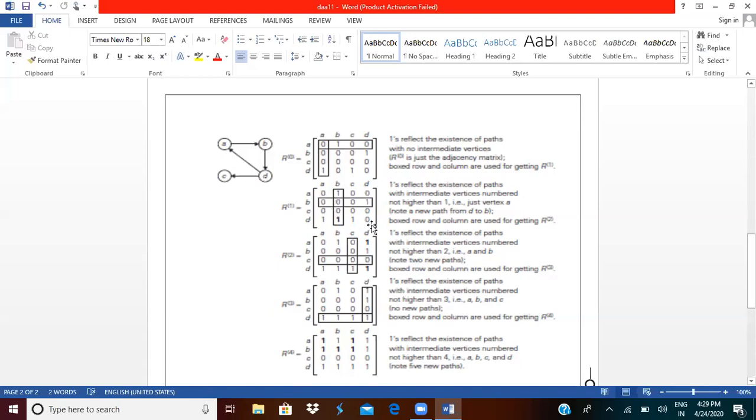For this one, A, B, maximum 2 only, or less, that is A or only B. In this, I have to take A, B, C or less than A, B, C, that means 3, I can take 2 intermediary vertices, I can take 1 intermediary vertex. Here in this matrix, I can take A, B, C, D, or A, B, C, or B, C, or only A.